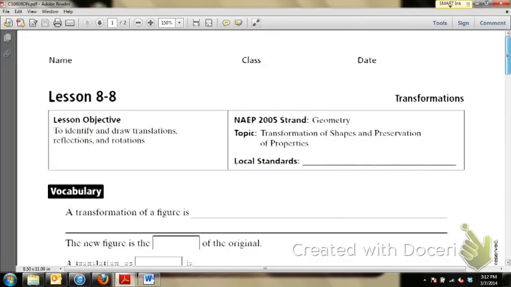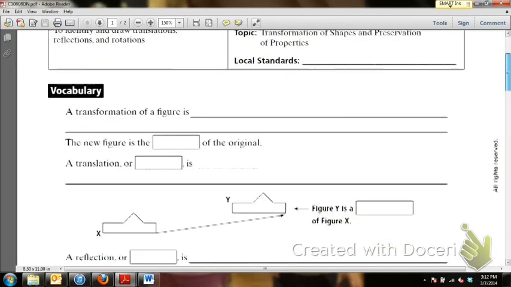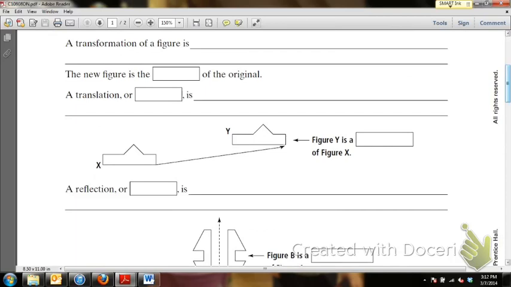In Lesson 8.8, we're going to talk about transformations. So there's a bunch of words we're going to talk about here. So first, a transformation of a figure is moving a figure by sliding, flipping, or rotating.